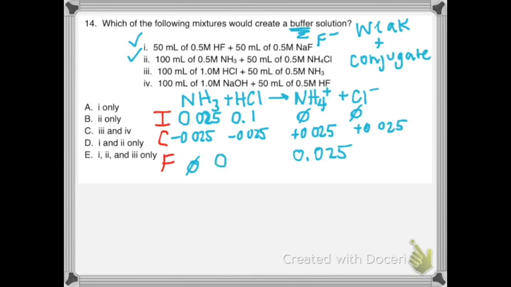And then we'll have 0.975 for the HCl. So now at this point, we can stop and say, do I have both the weak species and its conjugate? And in this case, that's not true. We have the conjugate, but we don't have any of the weak species. So this would not be considered a buffer.